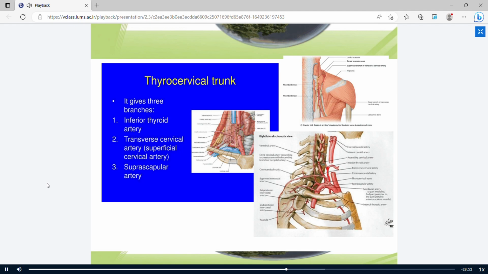It has a smaller branch, this one, the ascending cervical artery. The ascending cervical artery travels upward and supplies the cervical muscles.